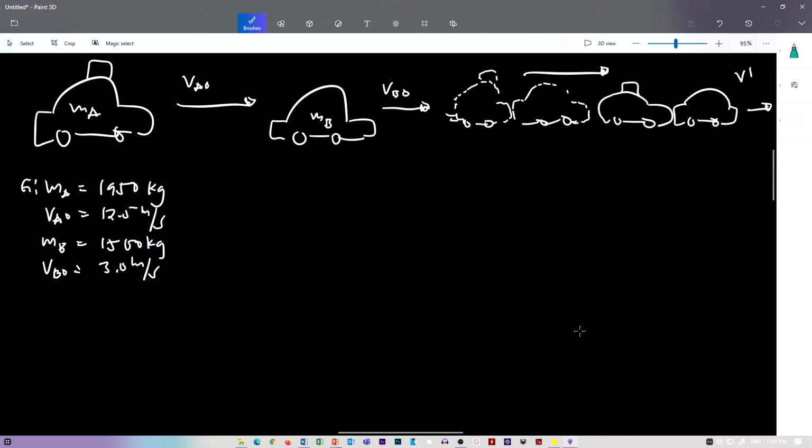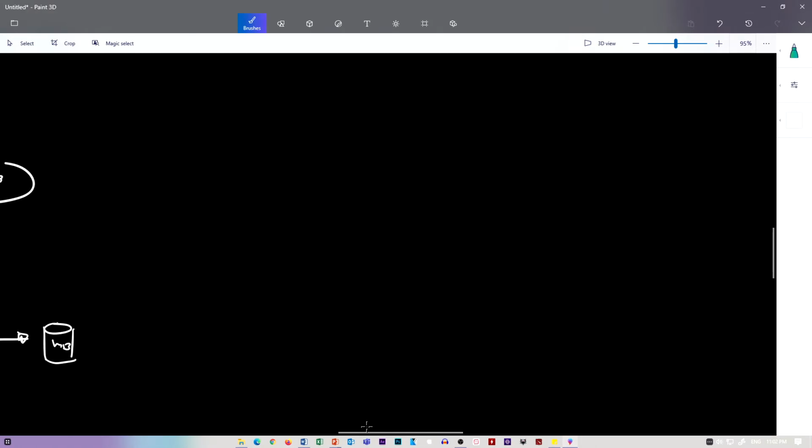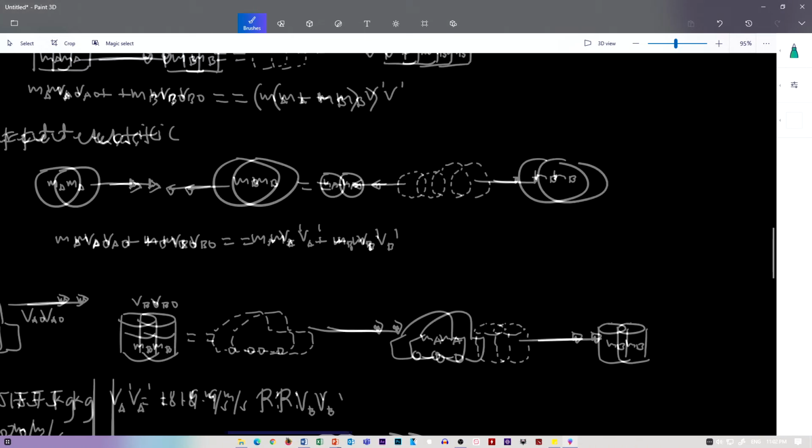Then after the collision, they will be moving together. So we are tasked to look for their final velocity, right? Anyway, let me just revert back to our previous example here.